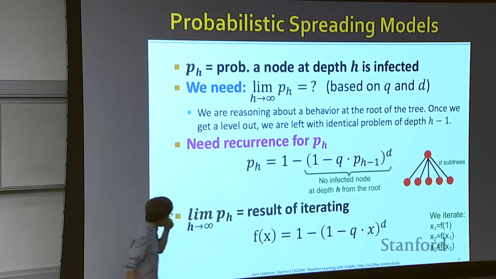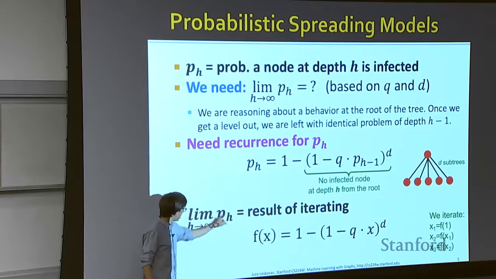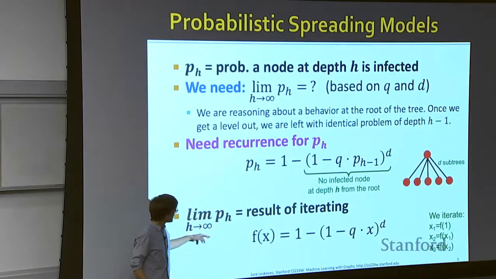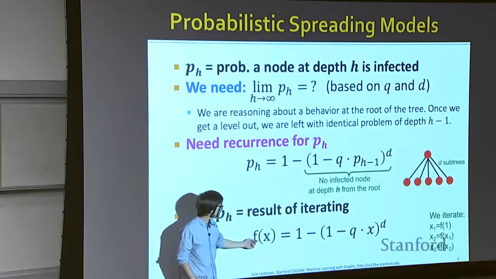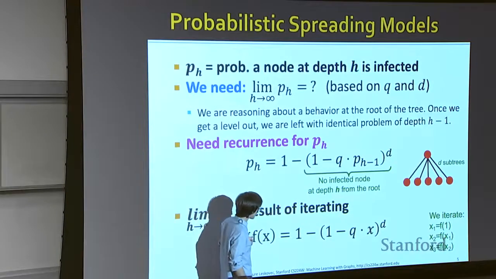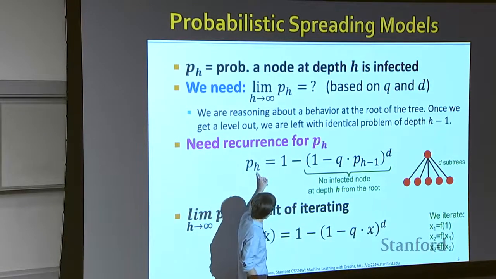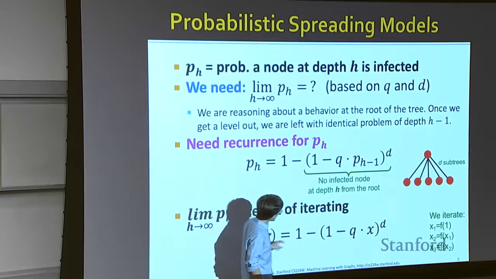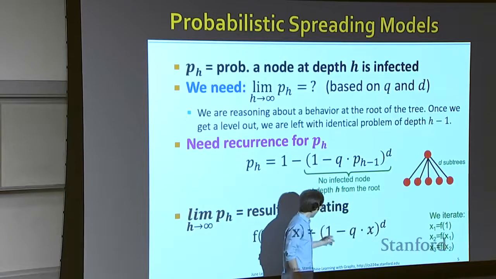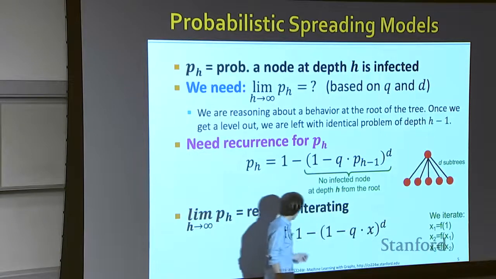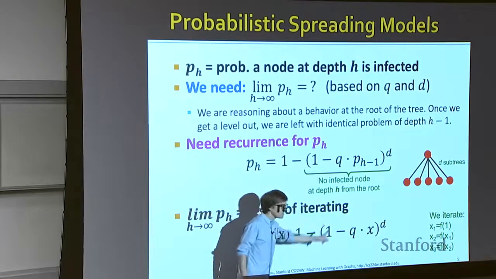Okay, so now what is this limit of P of h as h goes to infinity? It's a result of us iterating this equation, right? Where f of x, which is P of h, is whatever I had at the previous level times q, 1 minus that, raised to the power d minus 1, and I'm essentially iterating this equation.